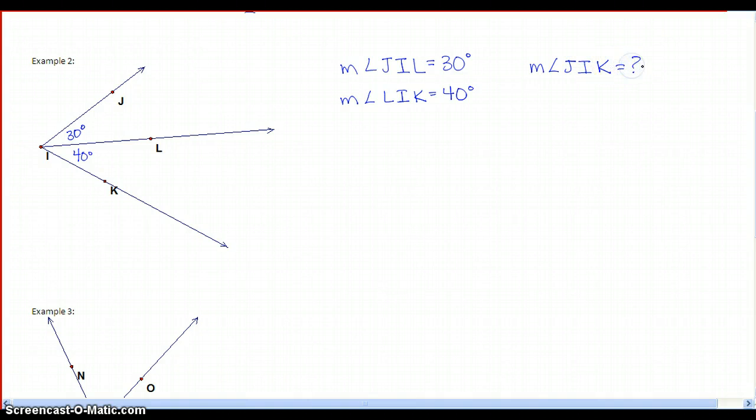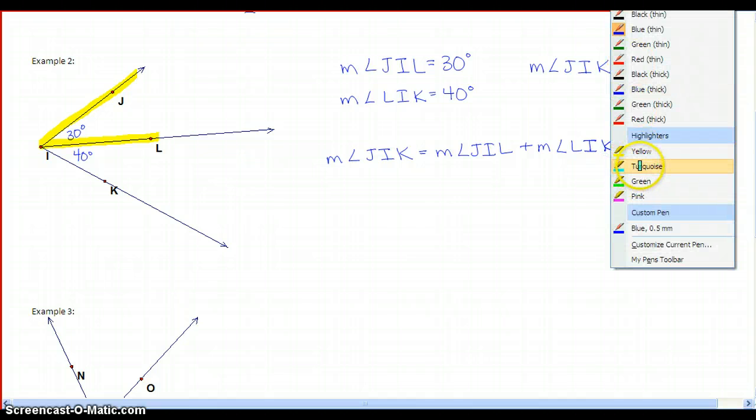I'm asking, what is that? Just like our segment addition, you should be able to figure that out right away, but I want to be methodical about how we do it. You'd say the measure of JIK equals the measure of angle JIL. So again, JIL is this piece, and I am just adding that measure to the measure of angle LIK.